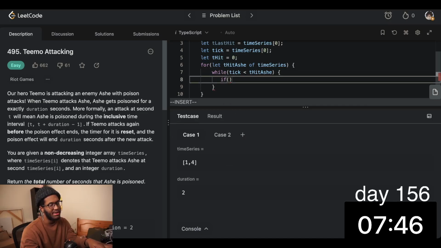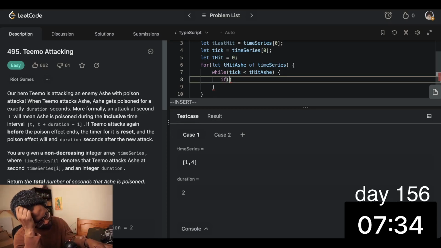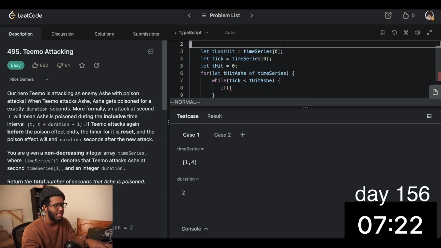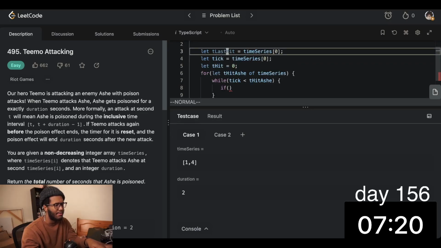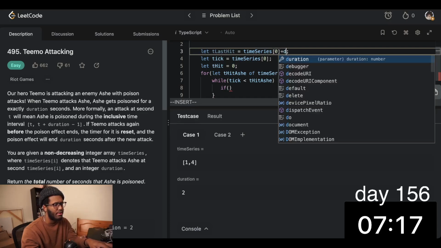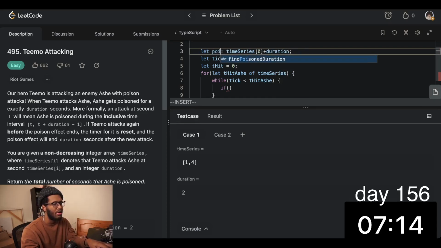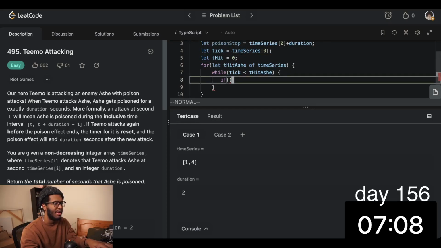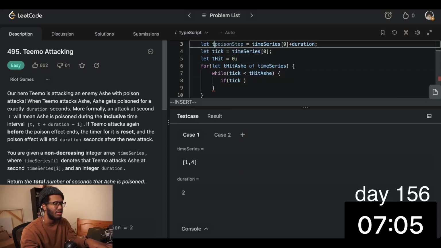We'll say if, we can just call it poison stop.